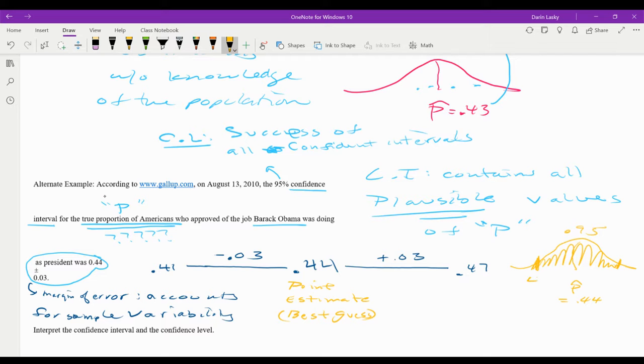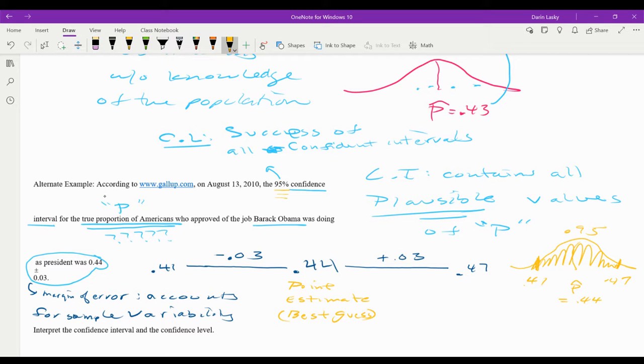Okay, and this would be 0.41, and this would be 0.47, just to give you a visual. So that's our idea behind a confidence interval: we have our point estimate, which is our best guess, and then depending on what kind of confidence level we want, 95%, this is 95%.